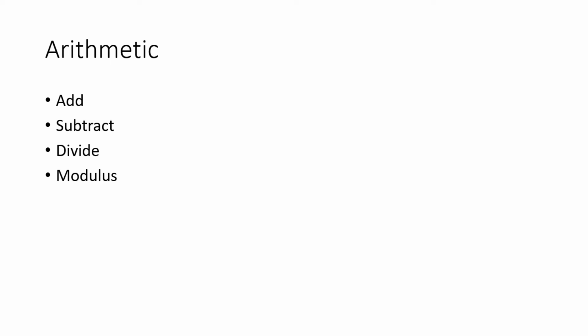When it comes to subtraction and division, as it is in your calculator, it's the same. The only thing to be mindful of is if you divide one number by the other, and one is an integer, one is a double, or vice versa.